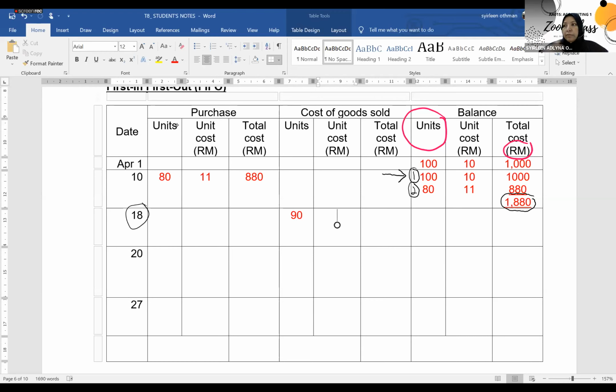Sebab dia first in first out kan? Jadi dia akan keluar dululah. So dekat tangan first batch ada 100, harga RM10. Tapi I jual 90 saja. So cost price dia ialah using the first batch, that will be RM10.